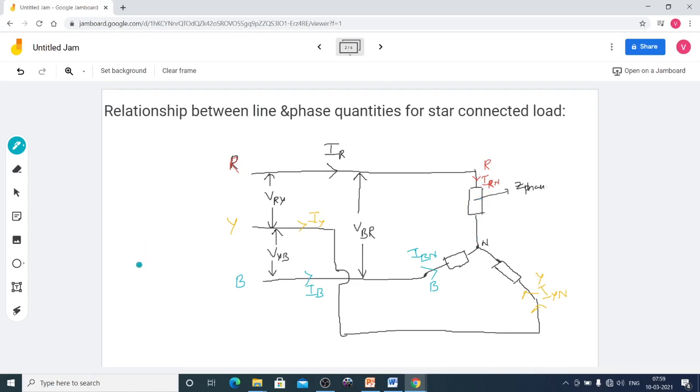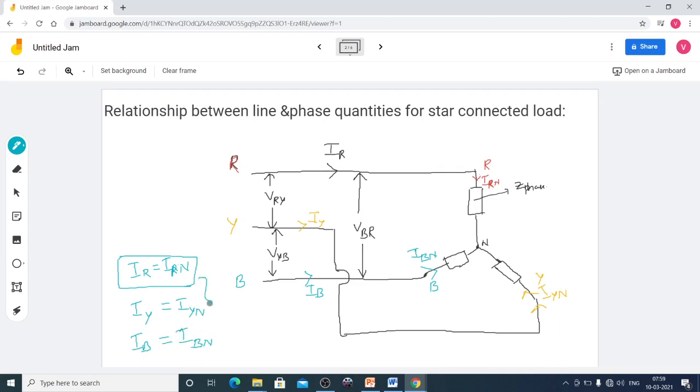By observing the circuit diagram, IR is the same as IRN, which means the line current and the phase current are the same in the star connected load. By observing the circuit diagram, we can conclude this. Similarly, IY is the same as IYN, and IB is the same as IBN.